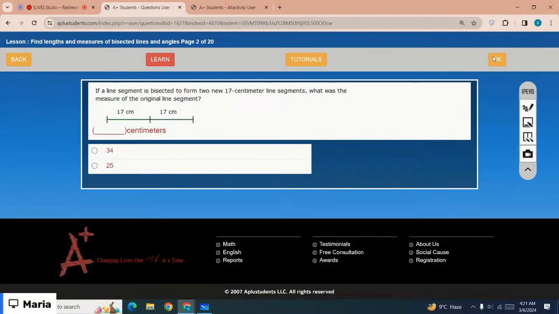Okay, if a line segment is bisected to form two new 17 centimeter line segments, what was the measurement of the original line segment? You bisected the line into two segments, they are 17 centimeters each. You have to find the length of the original line segment. So how do you find it?